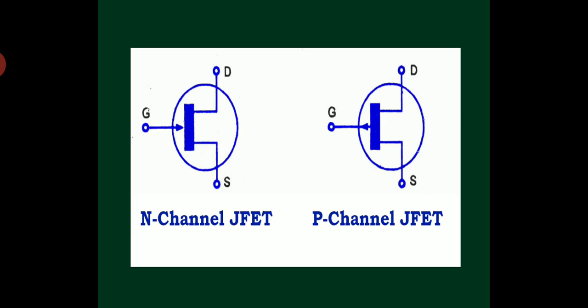I can't interchange emitter and collector terminals, right? Vice versa. In FET, I don't have these limitations. So that's why I can use source terminal as drain terminal and also drain terminal as source terminal. I can interchange these two terminals, source and drain terminals, right?